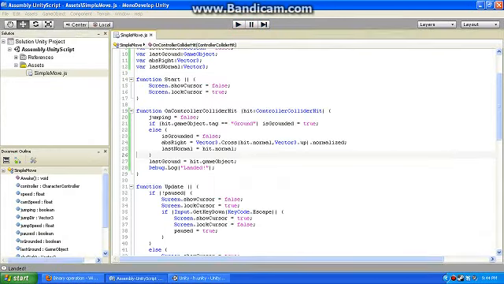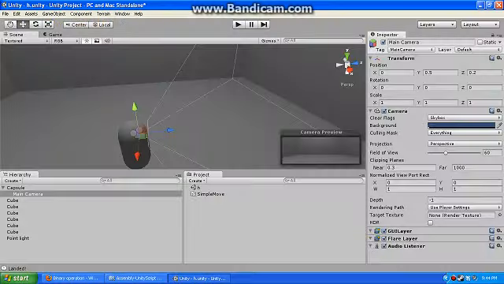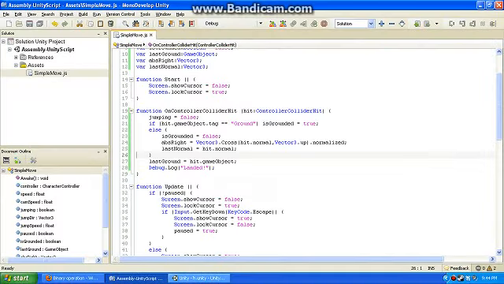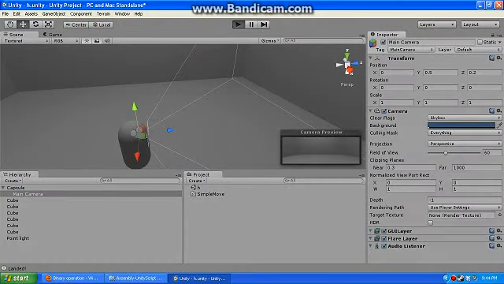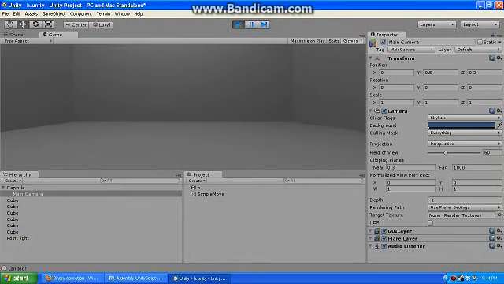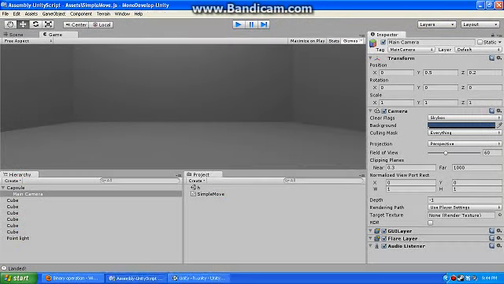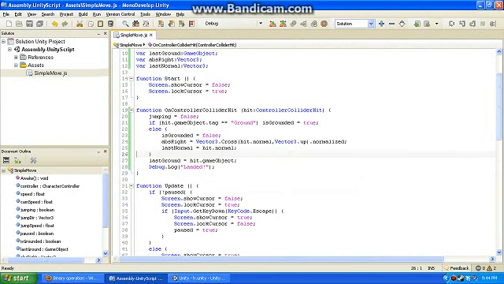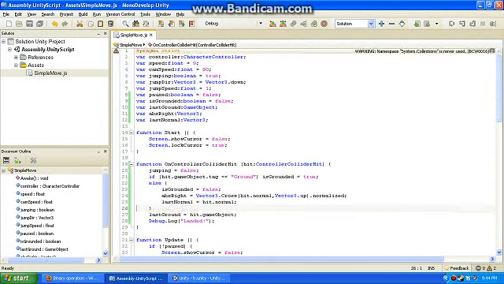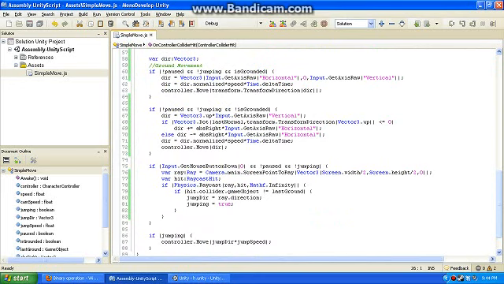So, it's interesting. Let's take a look at this. Vector 3 dot dot is less than or equal to 0.